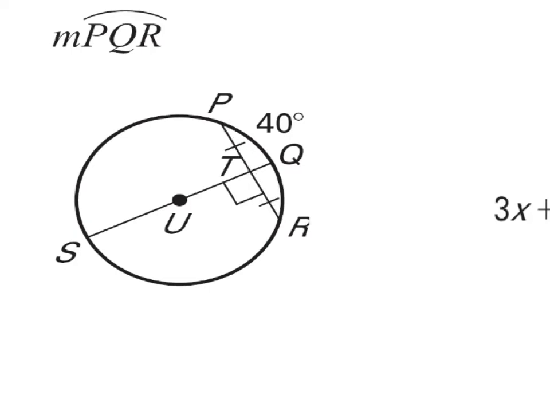Well, remember, if the 2 segments are equal, then the 2 arcs are equal. Arc PQ is congruent to arc RQ. If that's the case, then I know that this is 40 degrees. And if those 2 are both 40, arc PQR is 80 degrees, because you would add those 2 up to find the measure.